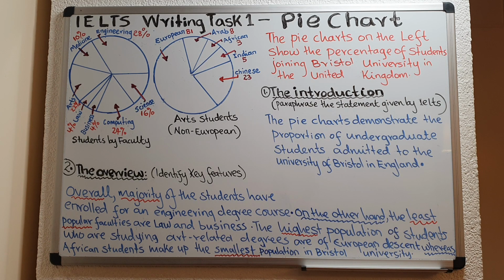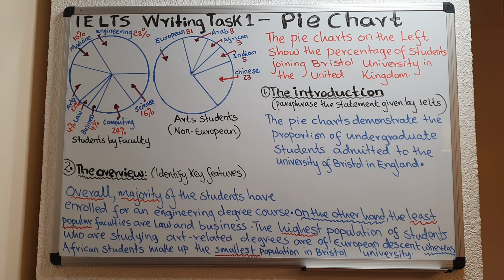Then use comparatives such as the highest and the lowest, okay? Remember to use linking words. For example, I have used on the other hand, whereas, okay, to make sure that, remember this is a comparative essay, okay? So use linking words that are suitable for that. On one hand, on the other hand, okay?